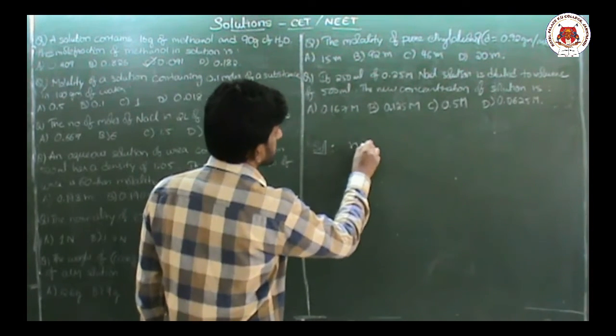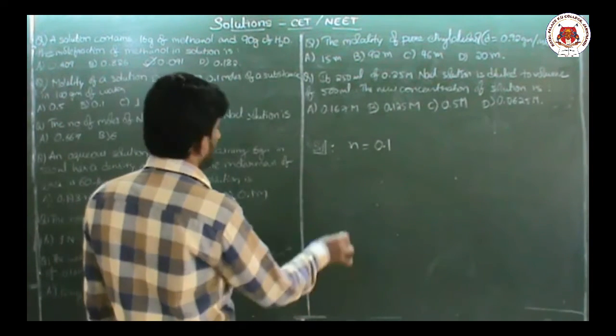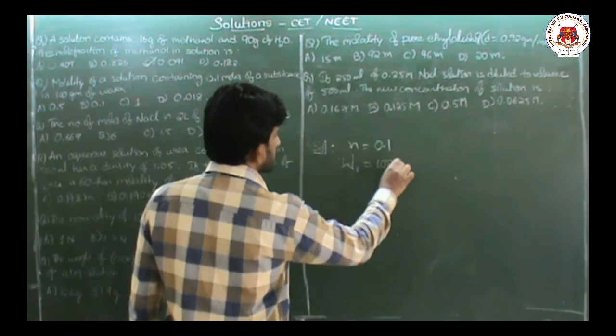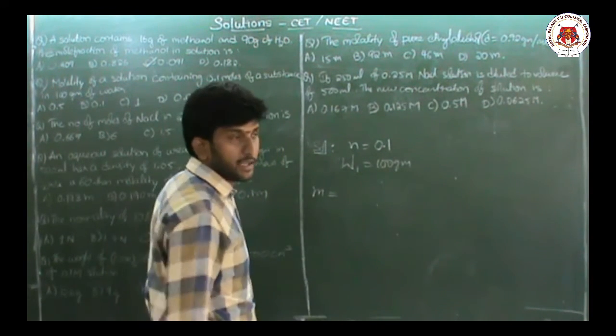Number of moles of substance is 0.1. Weight of solvent W1 is 100 grams. Then they want molality. What is the formula for molality?